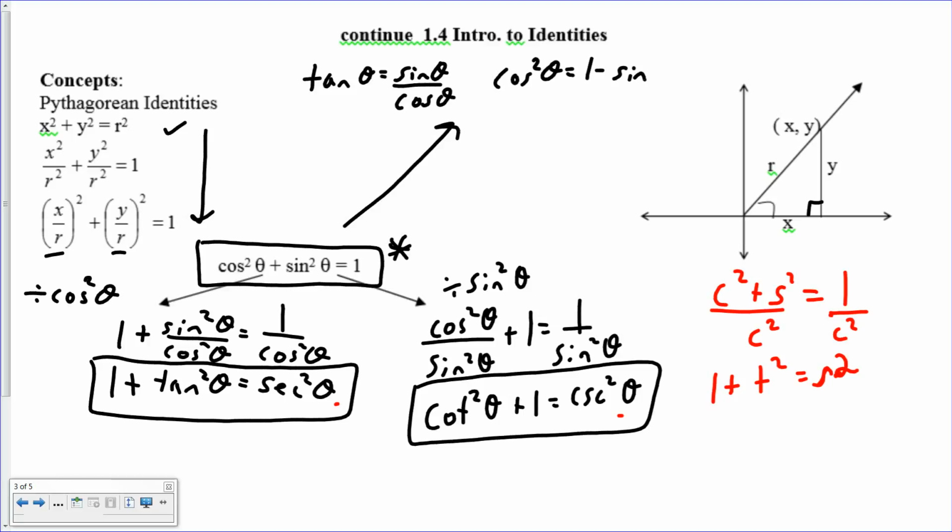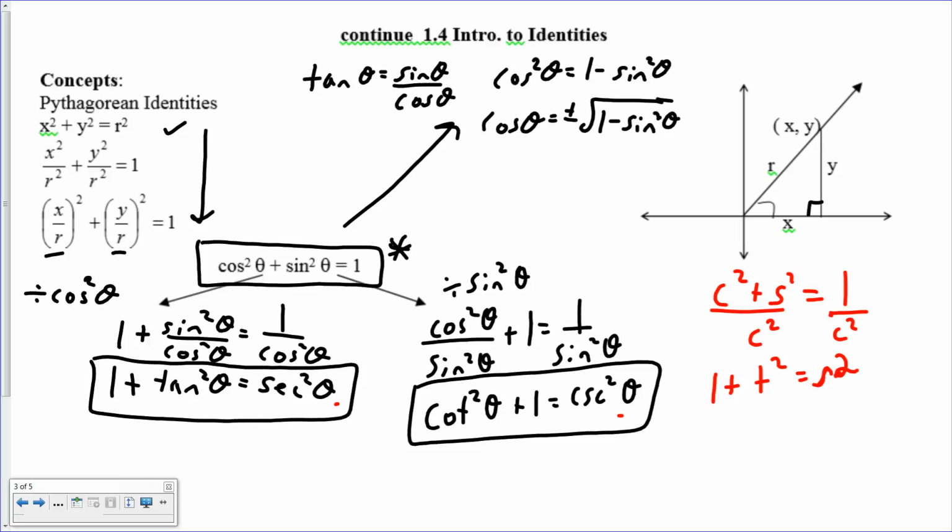Some of you can easily do that in your head. You can look at this identity and say, oh yeah, that's easy to see. I can just use that from this. I don't really have to write it down. Others of you may have to write it down and then think about that substitution a little bit more thoroughly. You can also solve for the cosine theta, and you're going to end up with that. Plus or minus, because it could be plus or minus depending upon the quadrant.